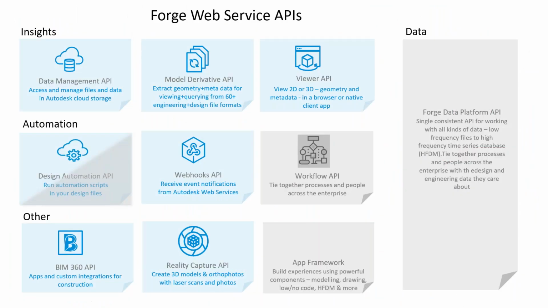Another aspect, as I mentioned, the different services, you can also catalog them as what they are doing, in what aspect they are being used. So I mentioned insights: the data management API, the model derivative, which is going to generate the viewable, and the viewer itself. Now, there is this second aspect, which is called automation.